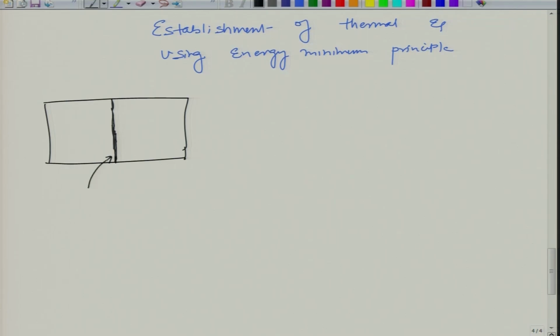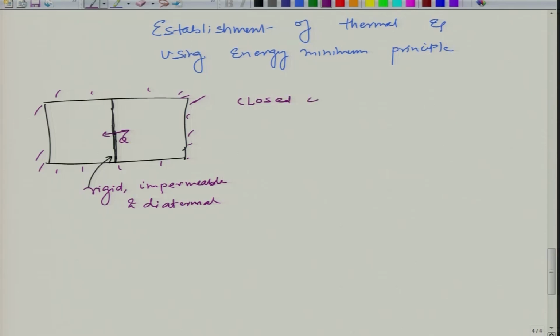So, this is rigid, impermeable, and dithermal. So, essentially the heat can exchange back and forth, okay, but it is a closed system. Okay. And is a composite. So, it is a closed composite system.